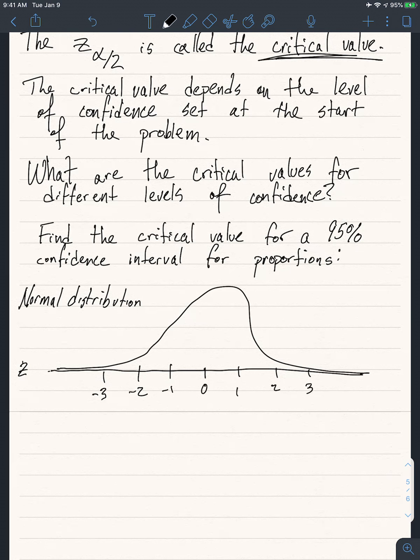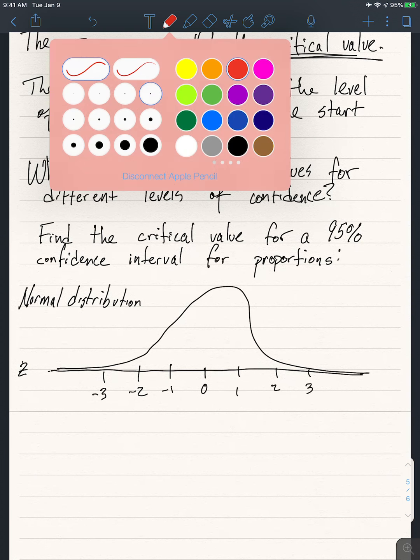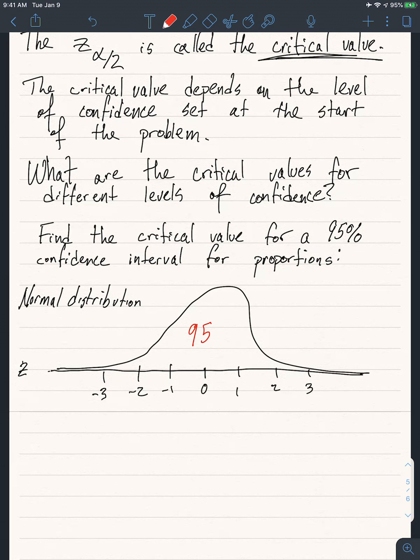And if I want to find a critical value for a 95% confidence interval, I'm going to try to break it down in picture form. We need to reserve 95% of this picture for our interval range.